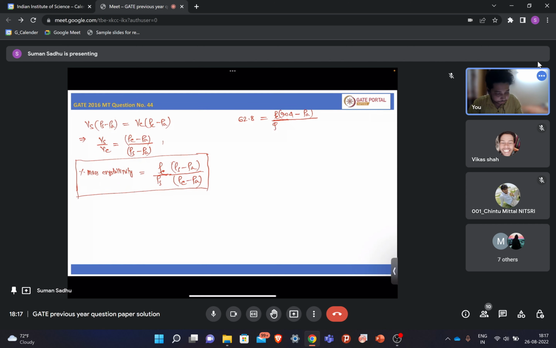We have to find the value of rho A, right? So this is equation 1.